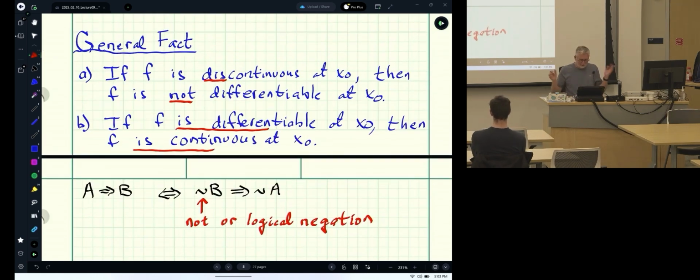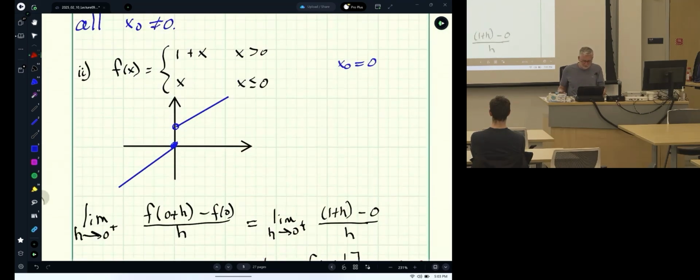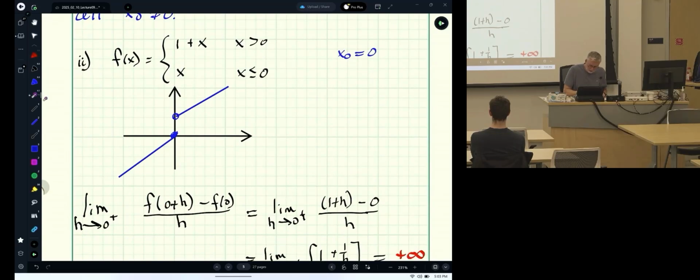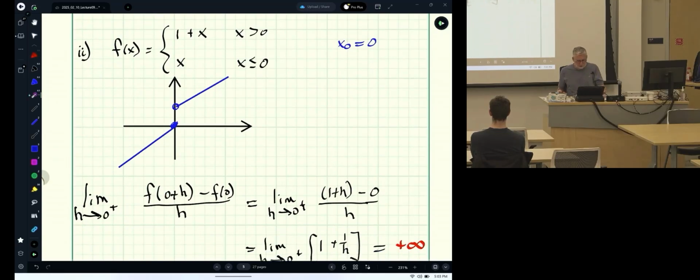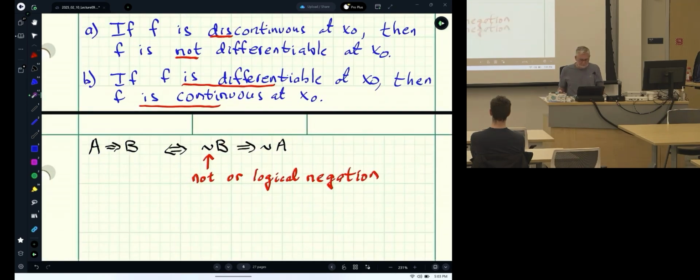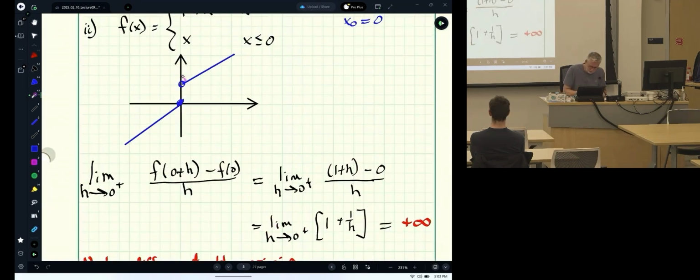Okay, but whatever you're doing, sometimes it's better to think about it in the negative, or it's nice to think about it in the positive. So, clearly the slope is very nice here, and the function is continuous. Function has a jump there, it's discontinuous.